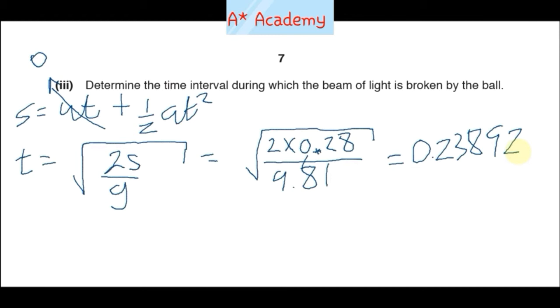In the data we've been given, 0.280 is to 3 significant figures, so we should leave our answer to 3 significant figures.